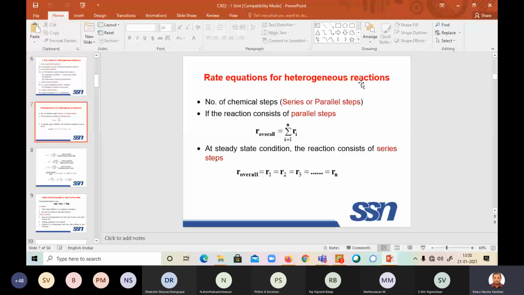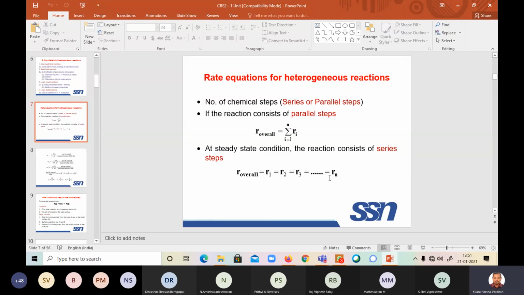This is the heterogeneous reaction, right? If there is a parallel reaction, then your overall reaction rate will be the sum of the reaction rates. If there is a series of steps involved, then R1, the rate in the first step, is equal to the rate at the second step, is equal to the rate at the third step, is equal to the rate at the nth step.